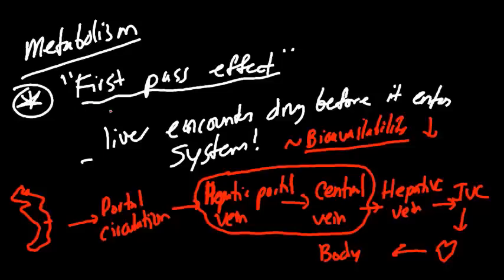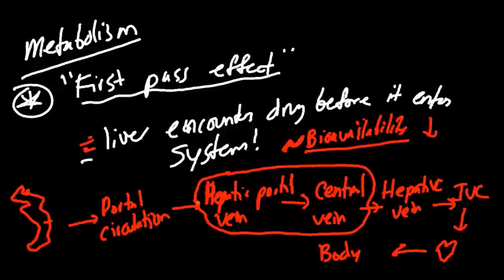If we have a first pass effect, it means our bioavailability for that drug may be a little decreased because we're not able to extract everything. If we're getting rid of some of that drug before it becomes useful, that's not good. Our target is that we want all of that drug to be useful.